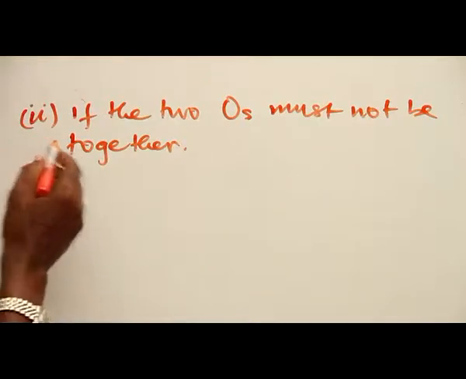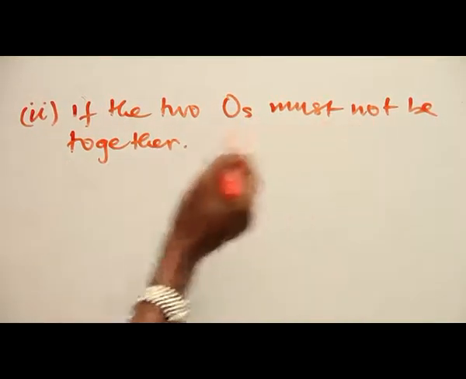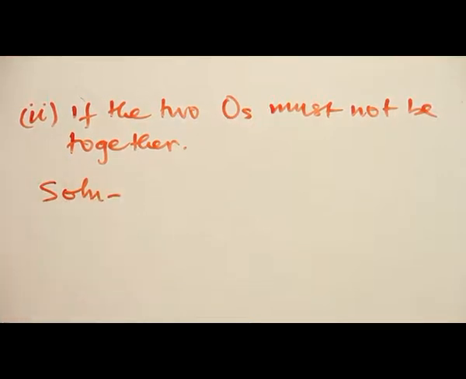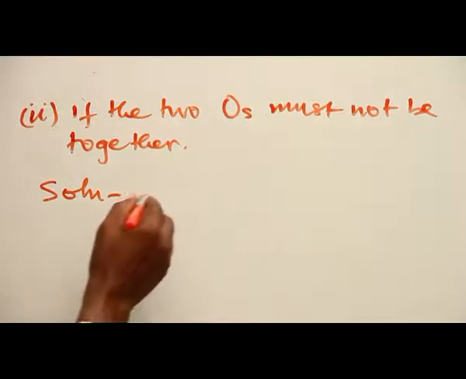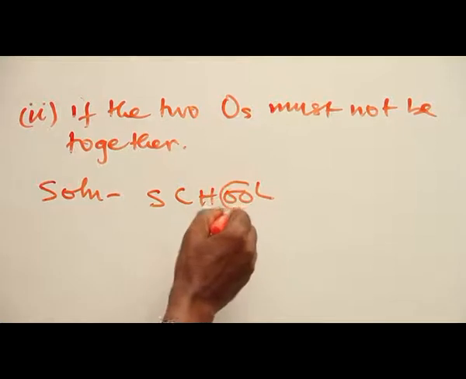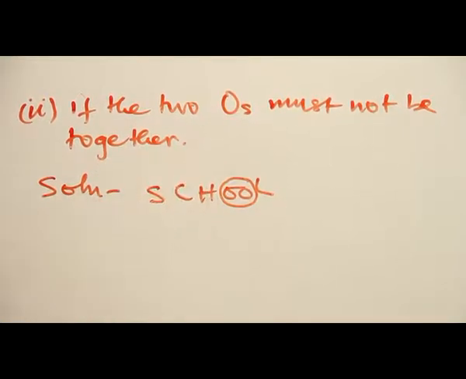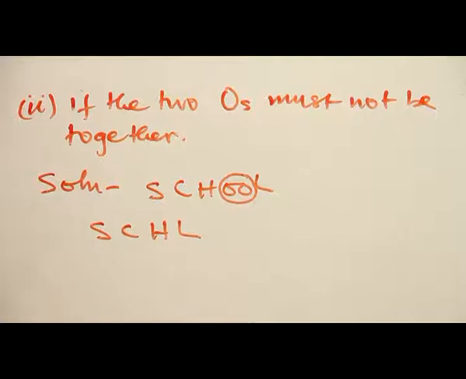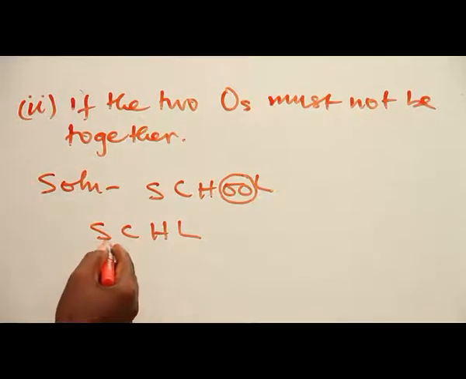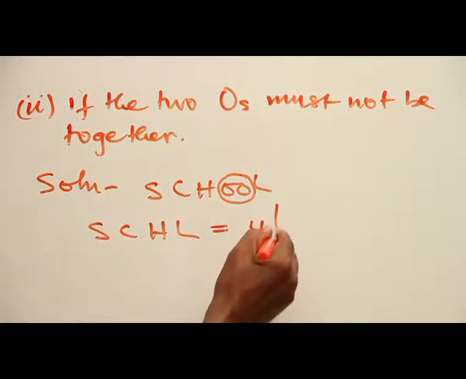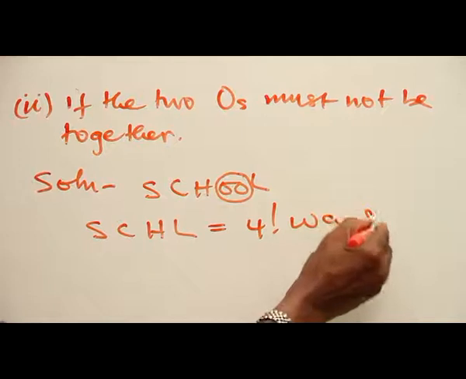The second aspect, if the 2 O's must not be together, our solution: we have our school, and these 2 O's must not be together. So let us take them out. We are left with S, C, H, L, and then this can be permuted or arranged in 4 factorial ways.